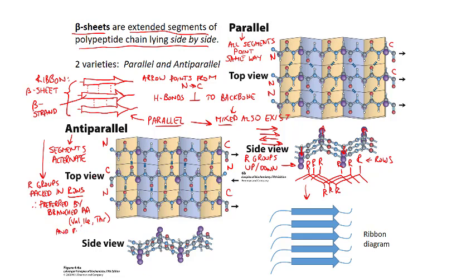And it's also preferred by asparagine and glutamine. And the reason that asparagine and glutamine like beta sheets is that these ones can hydrogen bond side by side if they're next to each other in rows. So oftentimes you will see the side chains as well as the backbone peptide bonds hydrogen bonding with one another in a beta sheet as well. Or occasionally you'll see ion pair interactions between side chains.